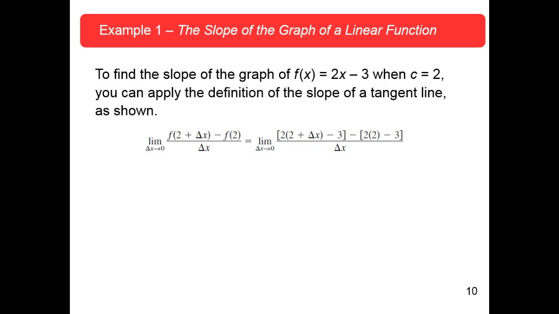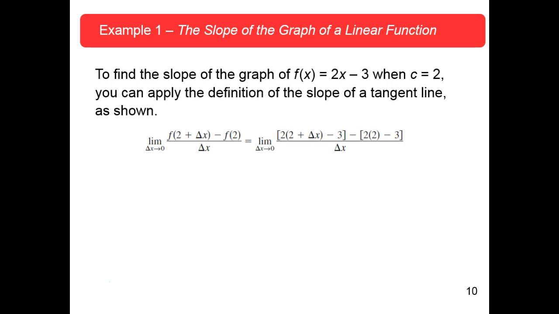When c is equal to 2, we find the slope. Apply that definition of slope to the tangent line this way. The limit as delta x approaches 0 of f of 2 plus delta x minus f of 2, divided by delta x. Wherever you see the x in f of x, put this in its place.